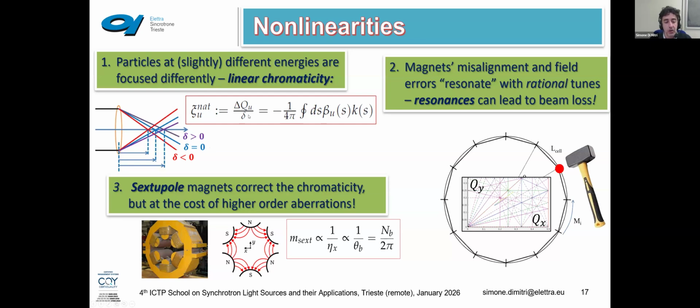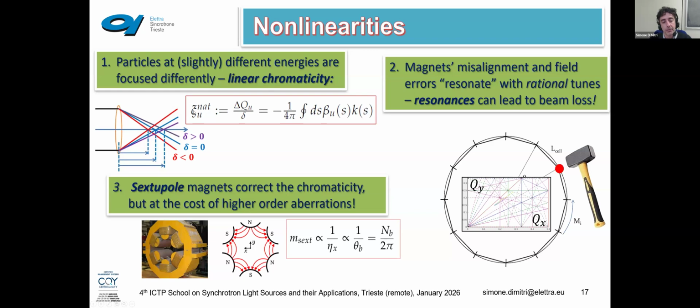These particles belong to the same bunch even, okay? So in the same bunch of electrons, we have all electrons oscillating slightly differently from one another. This difference implies a different betatron tune, a different number of oscillations per turn. And this difference is, of course, related to the energy deviation.